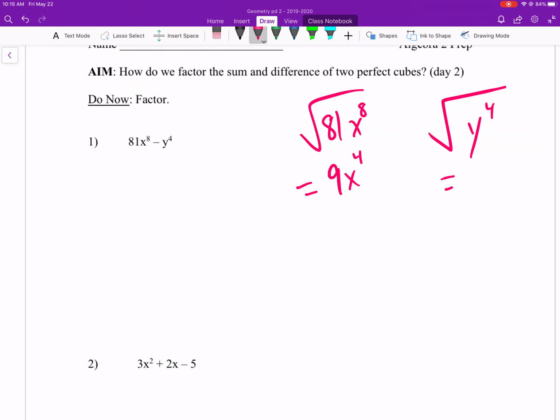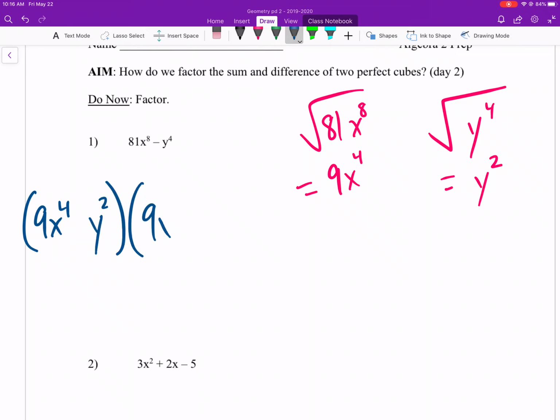And now, what times itself gives you y to the 4th? That would be y squared. So you open up your two sets of parentheses. 9x to the 4th and y squared, 9x to the 4th and y squared. Remember, one set of parentheses gets addition and one gets subtraction.